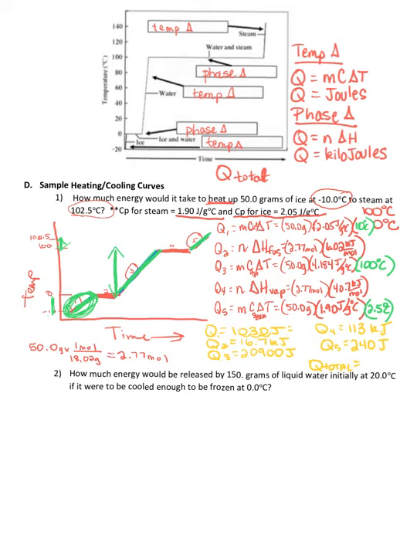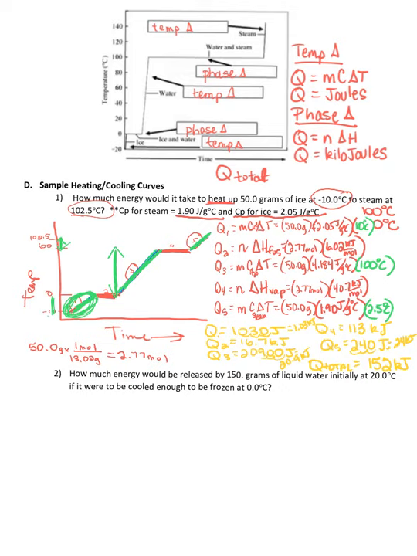That makes the first one 1.03 kilojoules. That makes this one, when I move it over 3, 20.9 kilojoules. And it makes the last one 0.24 kilojoules. When they're all in kilojoules and I add them up, I get a final answer of 152 kilojoules.